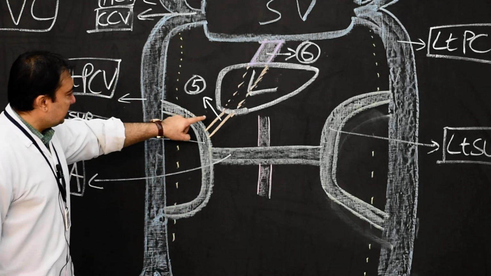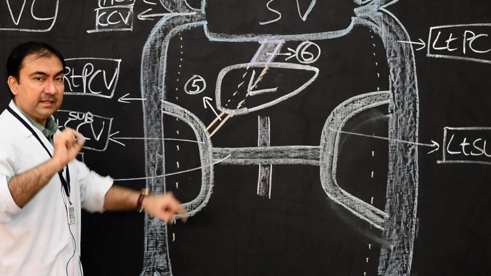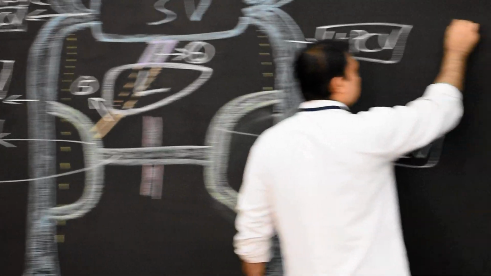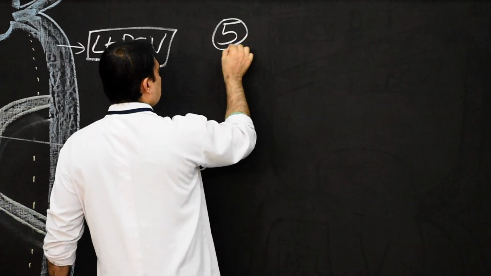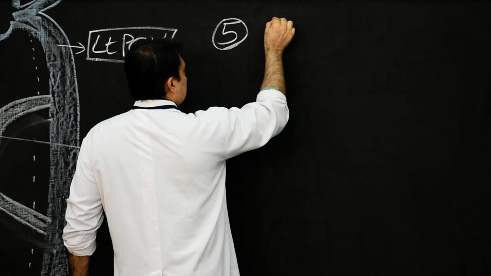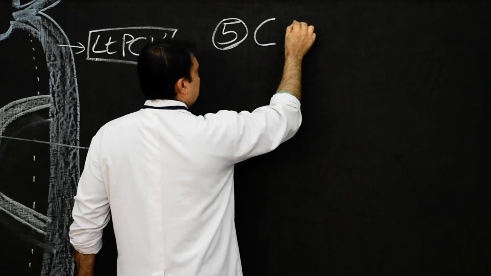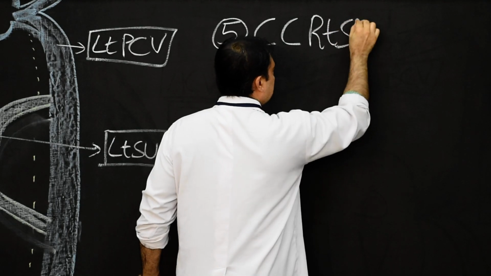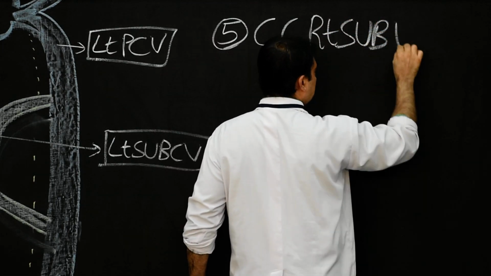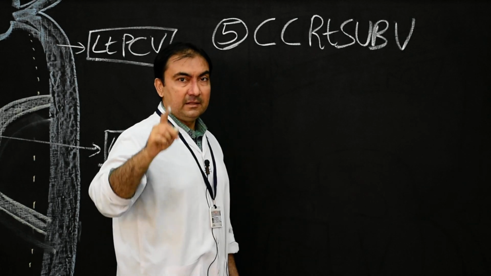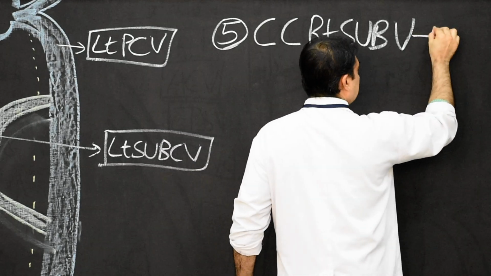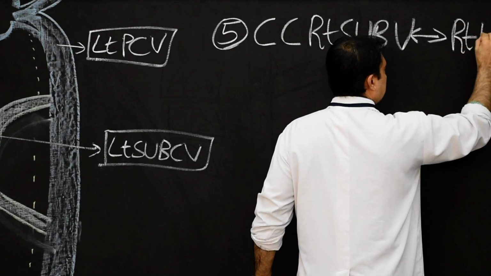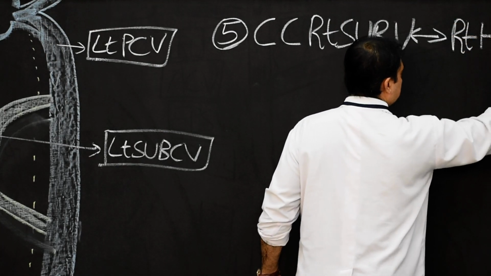Now what is this segment number 5? The name given to this segment number 5, let me write down. Segment number 5 will be a channel connecting the right subcardinal vein with the right hepatocardiac channel.